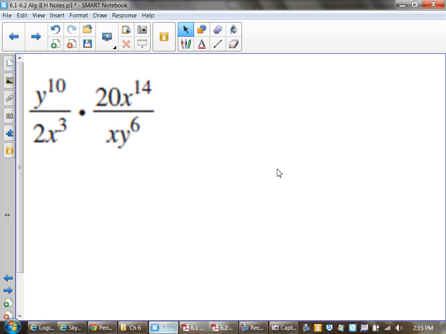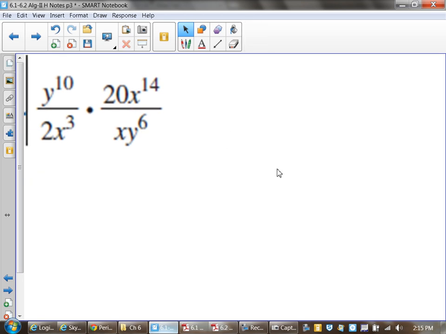When you multiply straight across on this, can't you just rewrite it all as one? 20x to the 14th, y to the 10th over 2. I have x cubed times an x. What does that become? X to the 4th, and then y to the 6th. What I did there is just rearranged everything, because remember, order in multiplying doesn't matter.